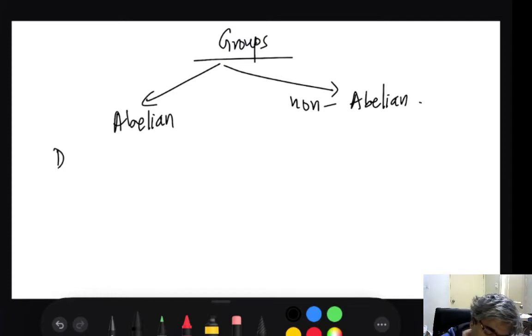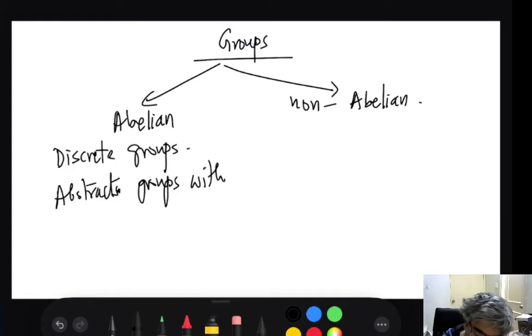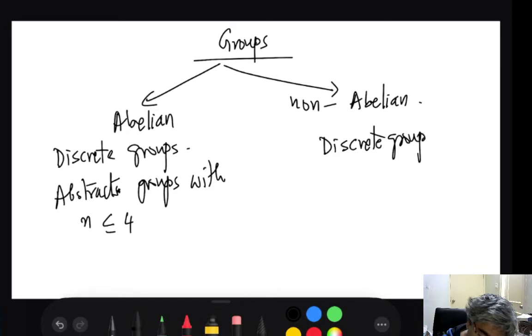So if you take abstract discrete groups with order n, for small n they are abelian, and with n greater than or equal to 4 they could be both abelian or non-abelian, but one of the first examples of non-abelian features we will start seeing there.